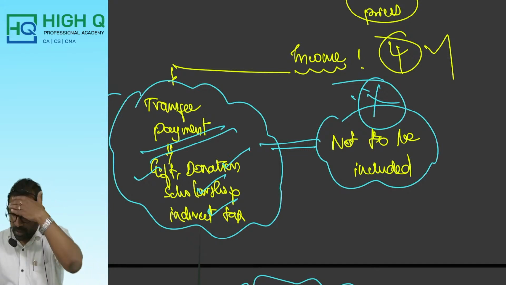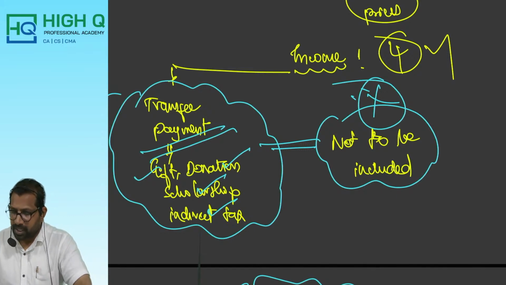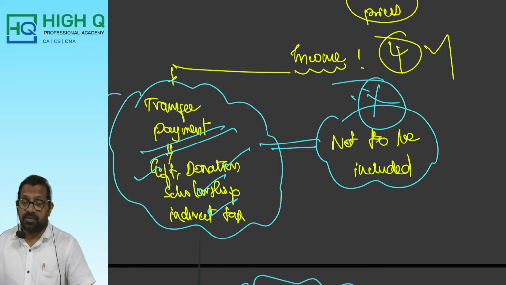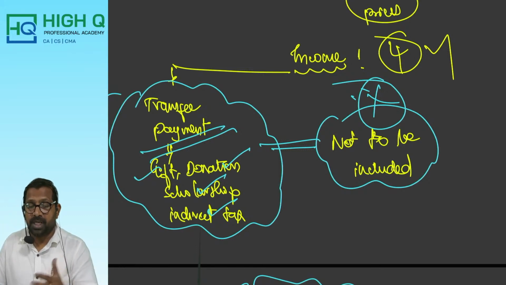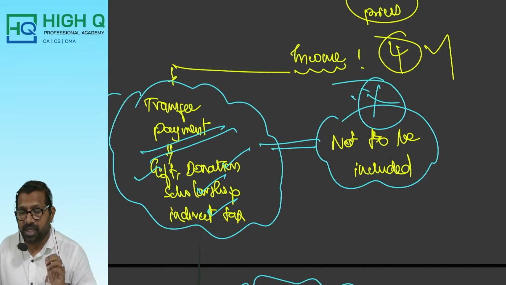Hope you understood. For income method as well as product method, there are various precautionary measures to be taken, and one basic point is common to all: not to be included.